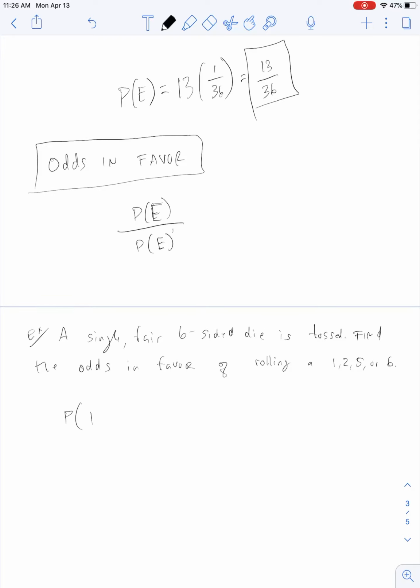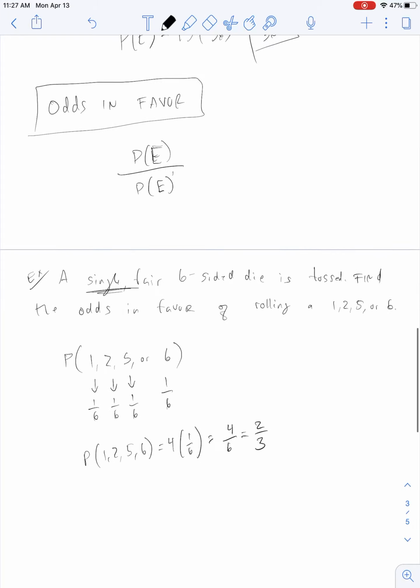All right, so let's find the probability of getting a 1, 2, 5, or a 6. Because this is just one die, each one of these is just 1 over 6. All right, so the probability of getting one of these is just 4 times our 1 over 6, right? And that gives us 4 over 6, which reduces to 2 over 3.